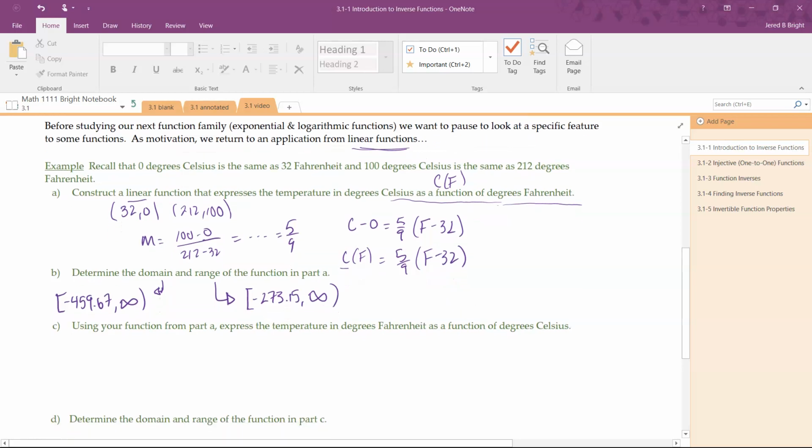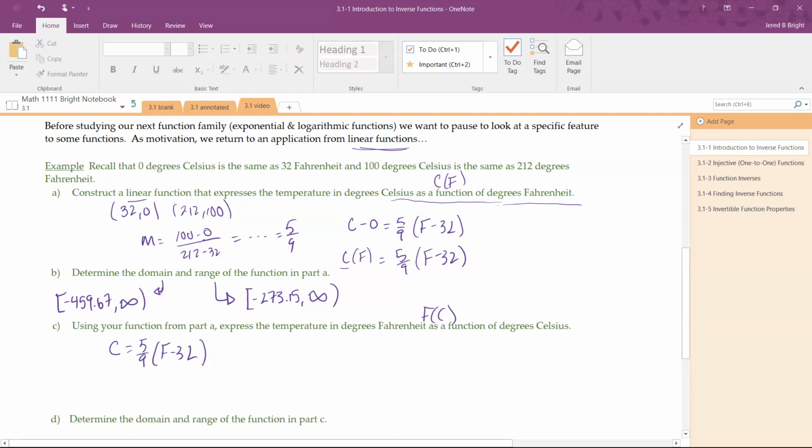Now, in this example, we also said, well, what if you went the other way? What if you wanted to express Fahrenheit using degrees Celsius? Now we're switching the order, and we're looking for f of c. We can certainly use what we have here. I'm just going to get rid of the function notation and say c is 5/9 of f minus 32.